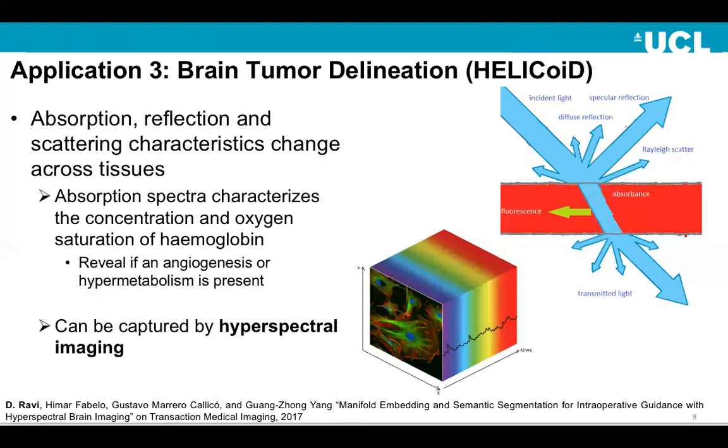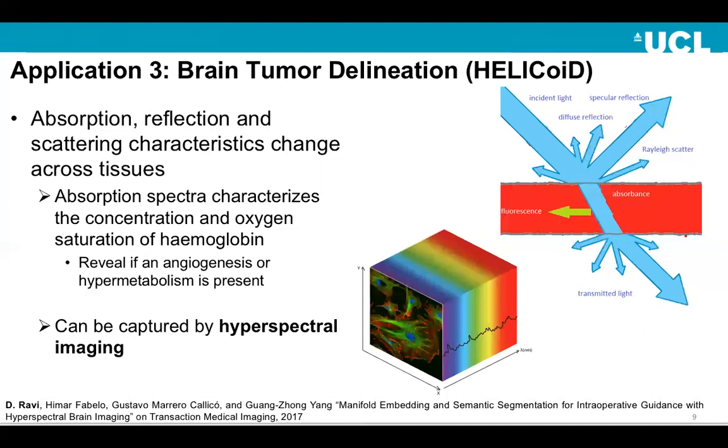This hyperspectral imaging is a camera device that acquires a channel at different frequencies in the visible and non-visible range. And a signature in this frequency domain allows the discrimination of the different tissue.